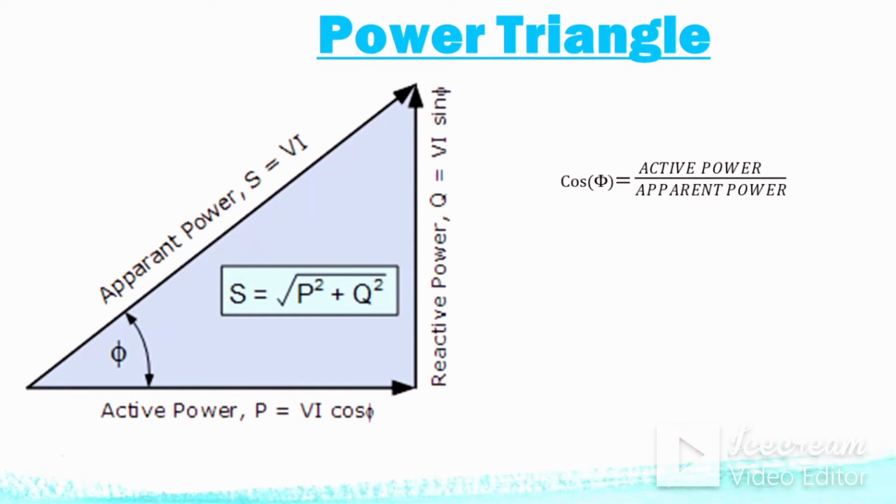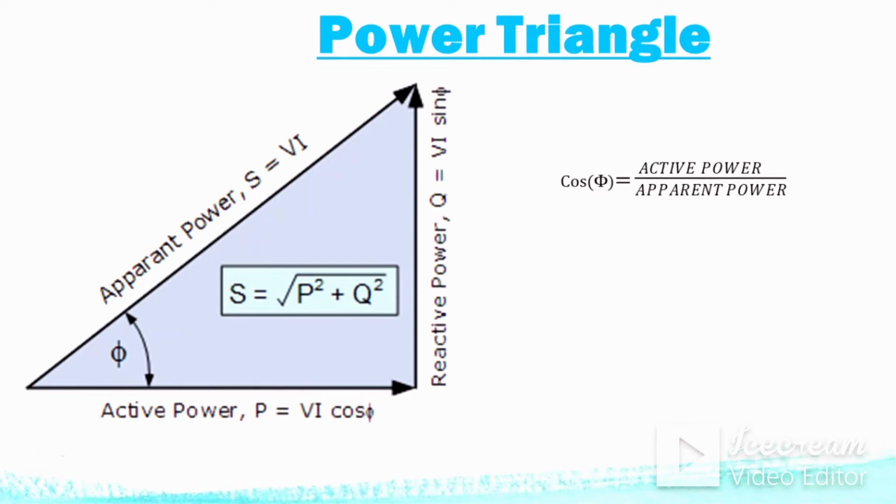Then the product of the root mean square values of voltage and current is called the apparent power. It is in kilovolt ampere. So it shows the relationship between these three types of power.